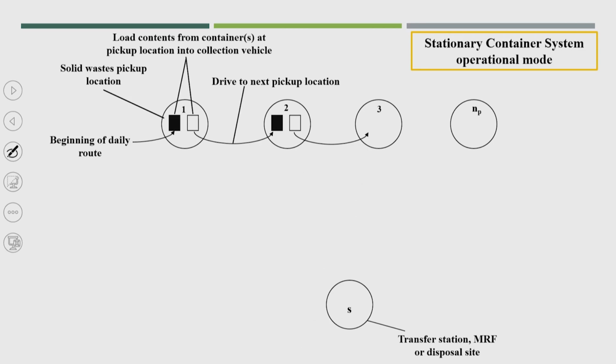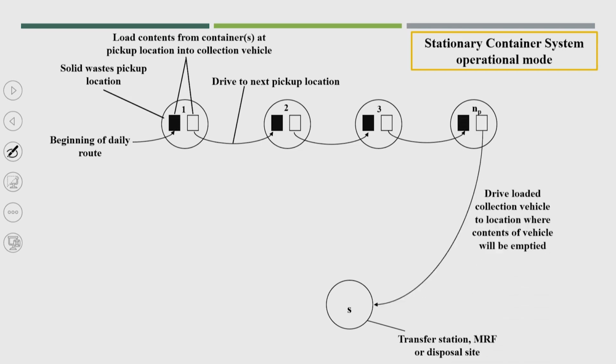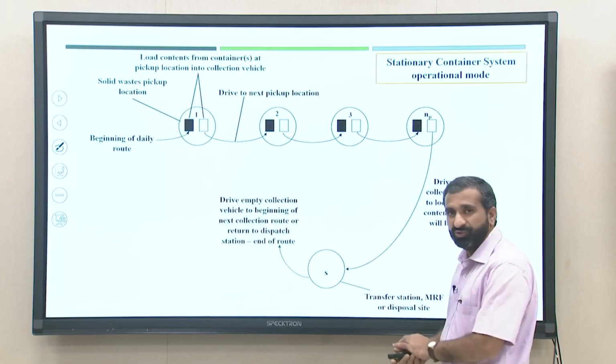In a similar way it goes to the different locations, up to the nth location, and once the vehicle is completely full, whether a simple vehicle or a compactor vehicle, it finally goes to the transfer station, recycling facility or disposal site. From there, if time is available in the day, it starts the next route.